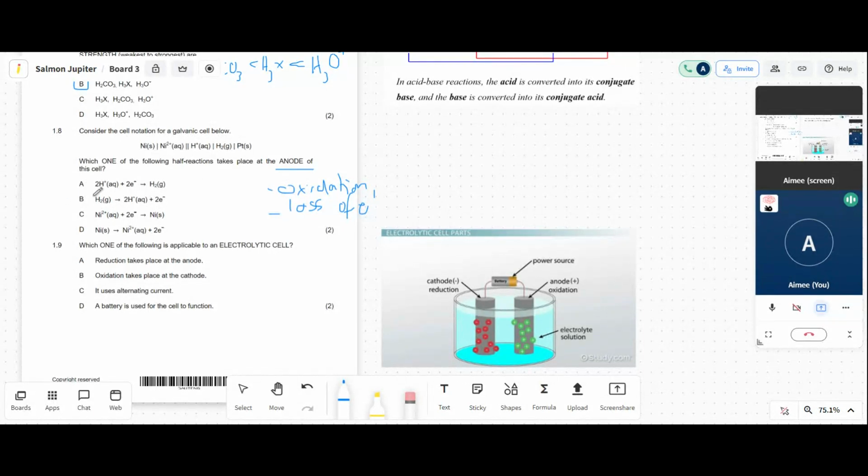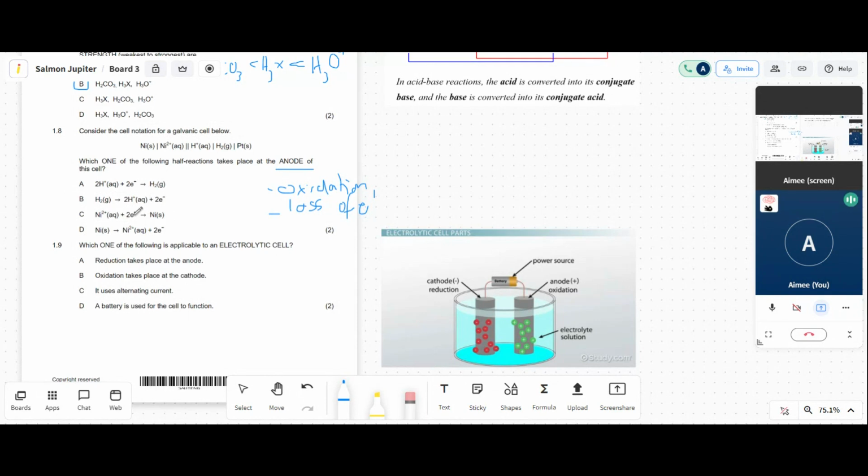So you can immediately eliminate A and B because we're not looking at H. And now you just need to write it in the correct order. Now you need to choose between C and D. Remember, oxidation is the process of losing electrons. So if we look at C, here we've got Ni2 positive gaining 2 electrons to become Ni. So this is not correct.